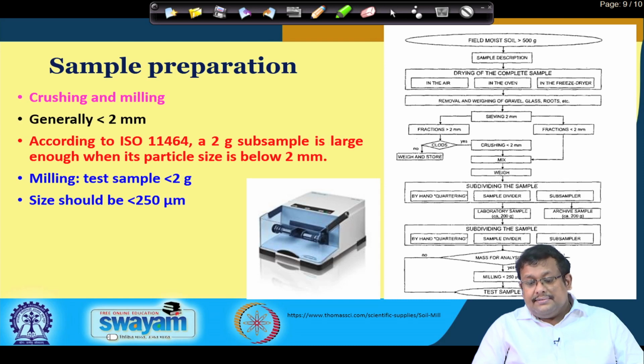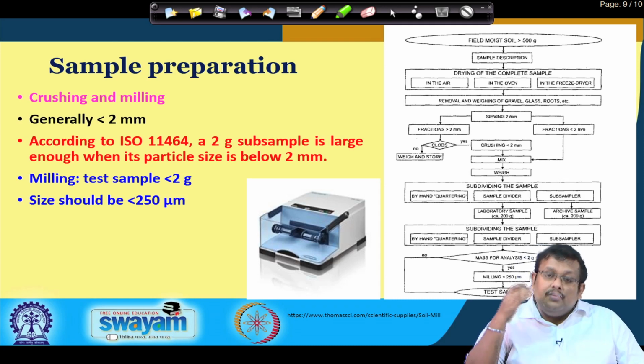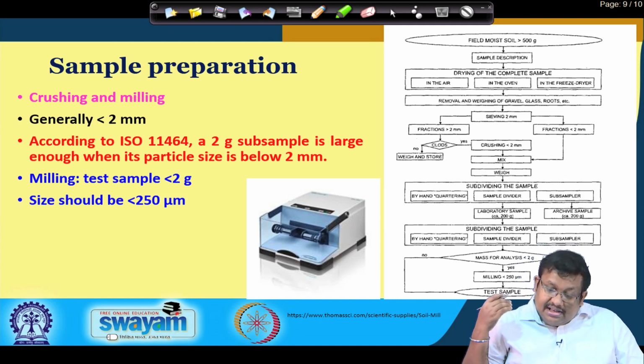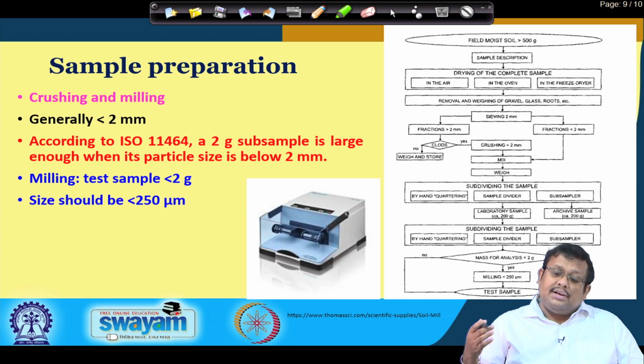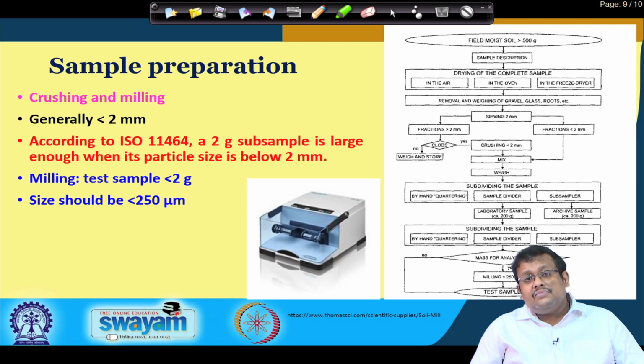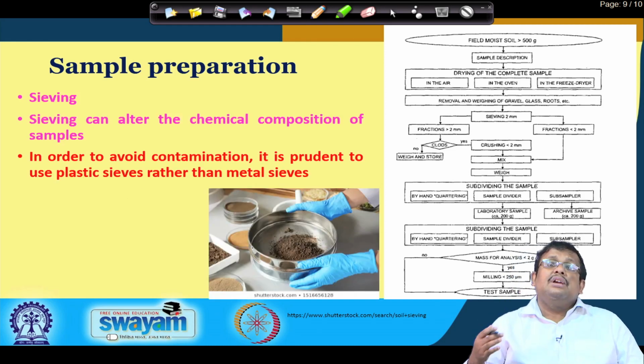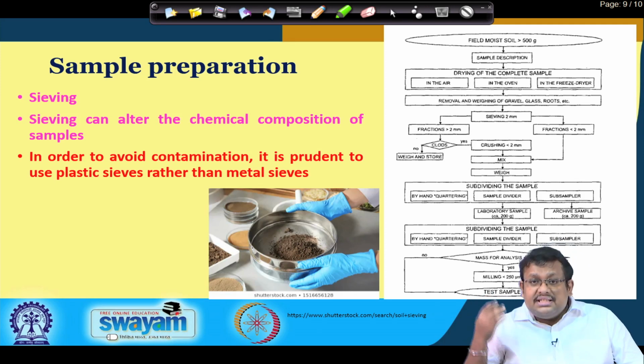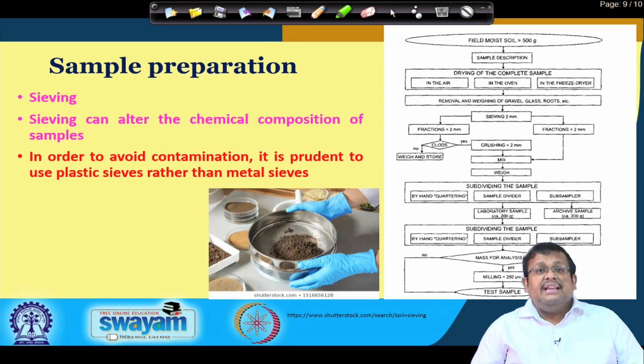This is used for milling the soils. So, we have collected the soil, we have described the soils, then we have dried the soils, and then we are doing the crushing. After we crush the soil, then we are going to sieve the soil. Now, sieving can alter the chemical composition of the samples also.